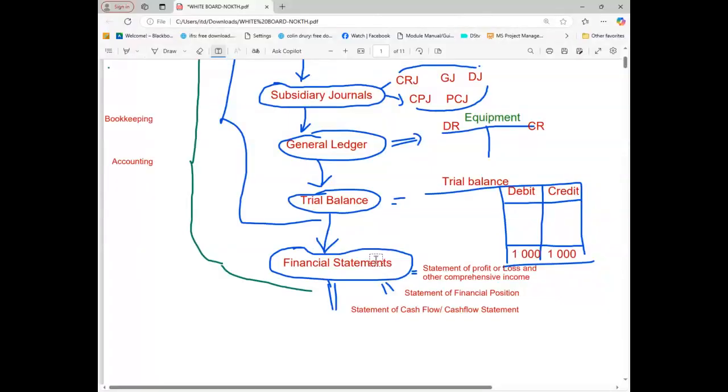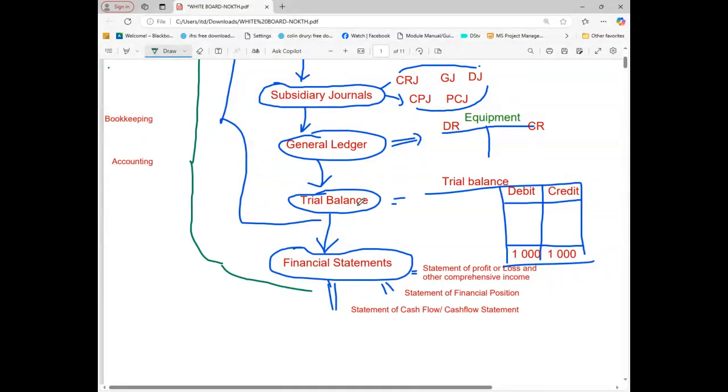So if they say you're a bookkeeper, it means your company can say you only focus up to trial balance. But if you do the whole process, it will be accounting. That's why accountants mainly work with financial statements, and bookkeepers work up to the trial balance.